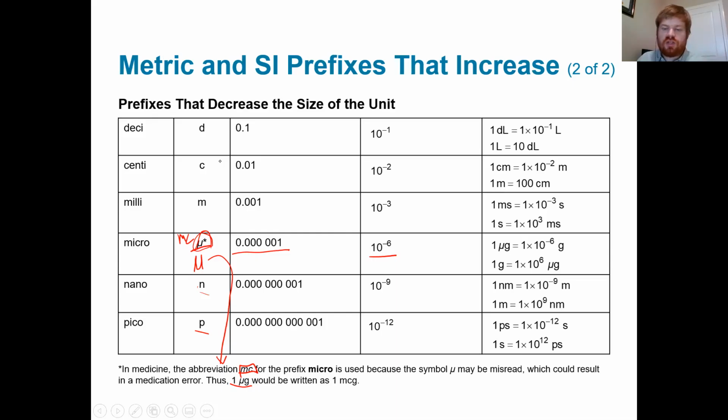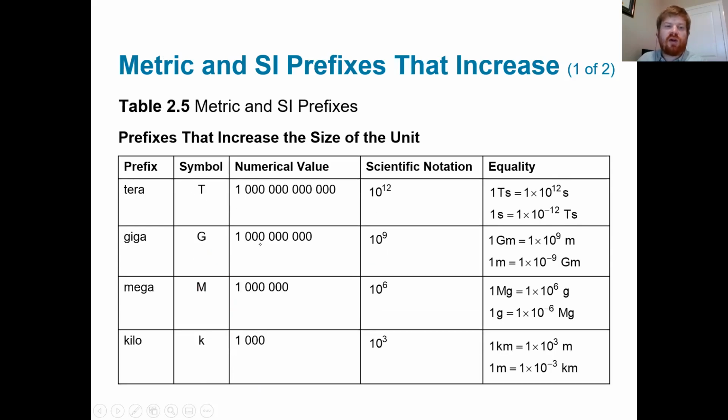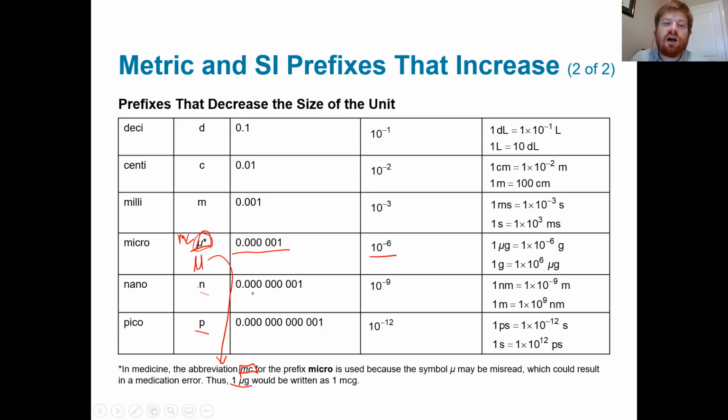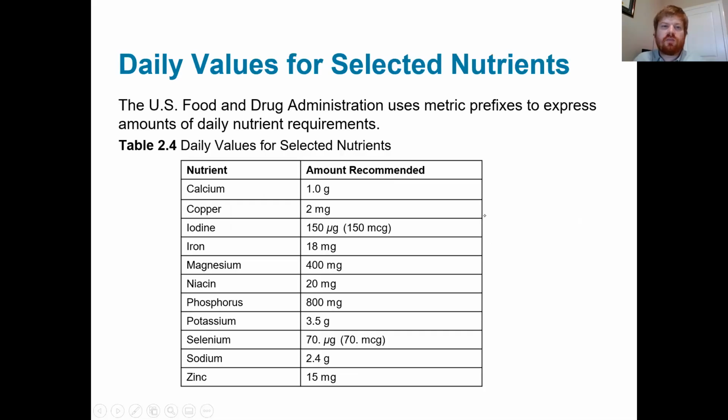Most of the symbols are pretty straightforward. Micro probably is the hardest one. You can just remember micro can't be M because milli is M. That can help out a lot. But what's the other tricky one? Basically, kilo being lowercase k is kind of tricky, I suppose. So make sure that you get those and the multipliers related to each other.